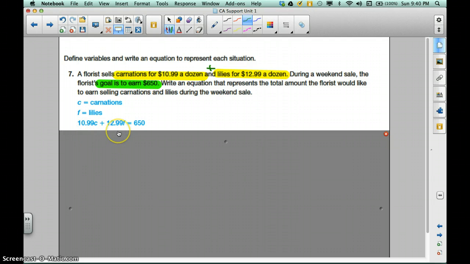And if you take the price times the total number of dozen lilies you have, that's the second term here, the total amount made on lilies. And if we add those together, we know our goal equals $650. Now you're going to learn in the next unit actually how to do something with that, but we need to know how to set it up. And so that's what you're doing here.